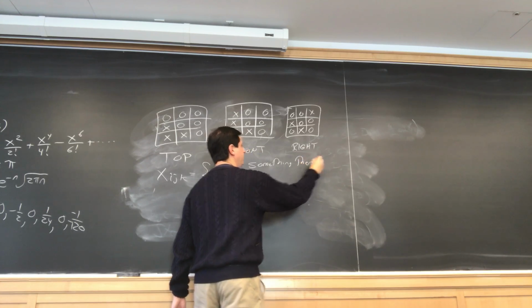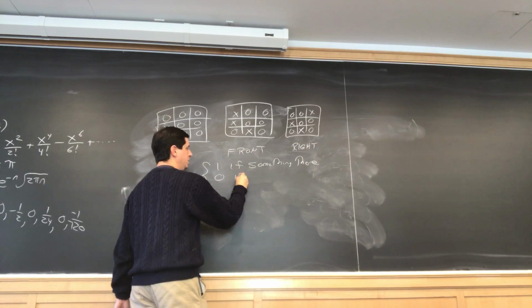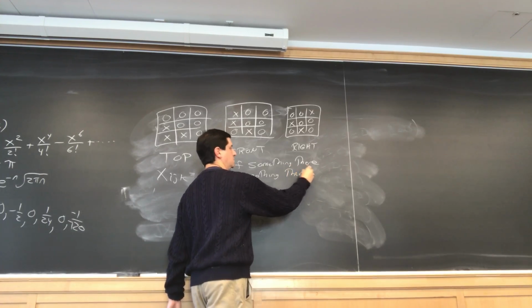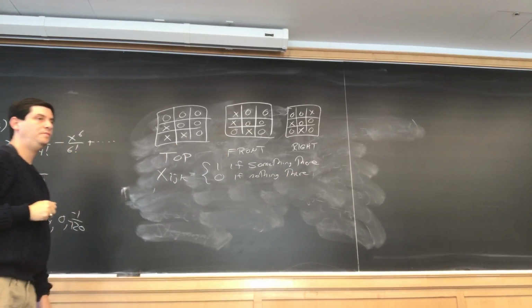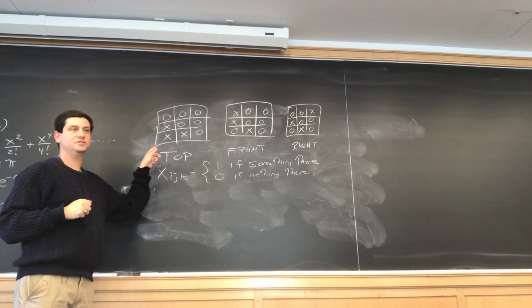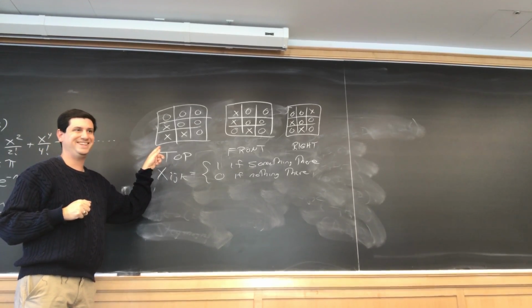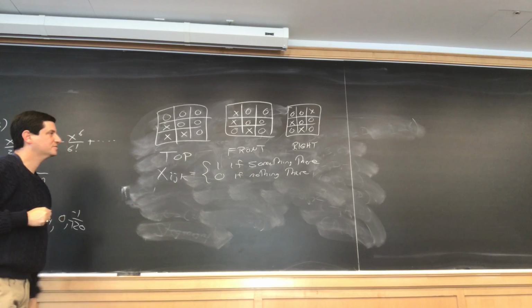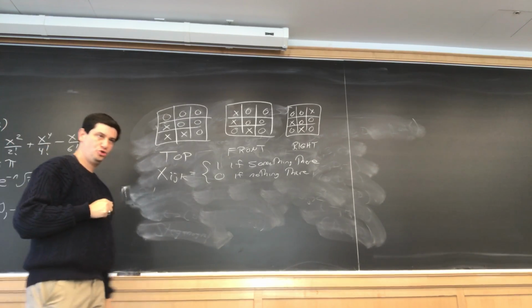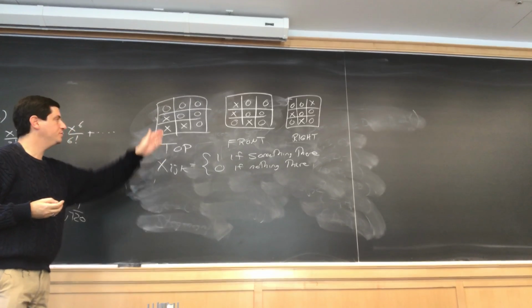So these are going to be the binary variables: 1 if something is there, 0 if nothing. So we know which columns, rows, and whatever the third thing is. We know when they will sum to 0, and when they must sum to greater than or equal to 1. Good. So now we have the constraints from coming in.